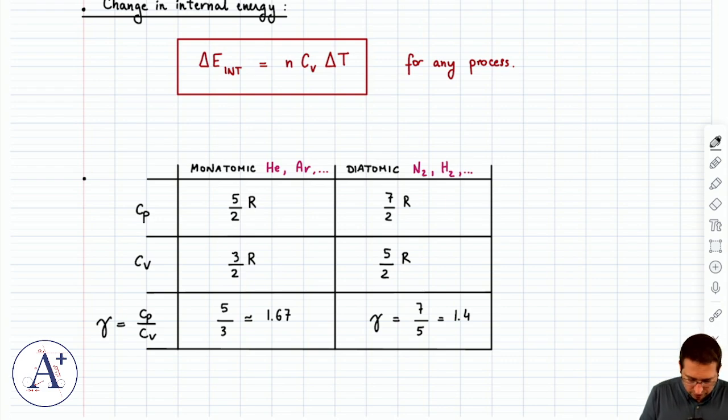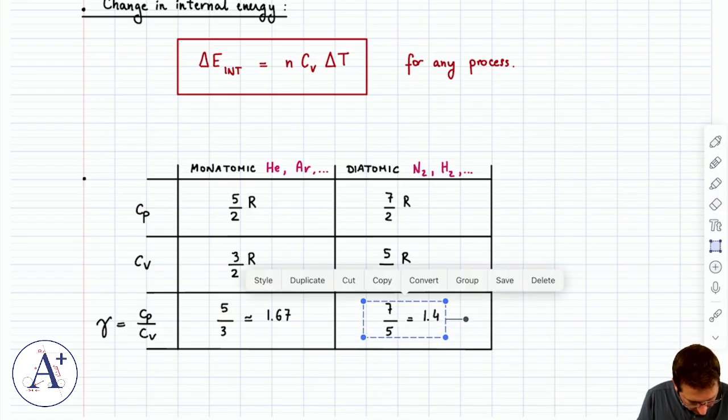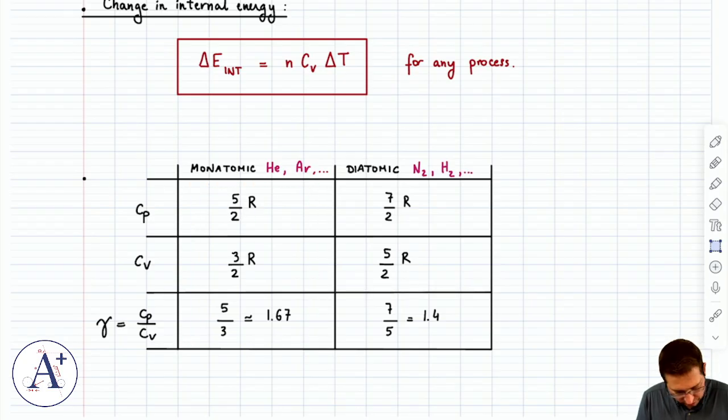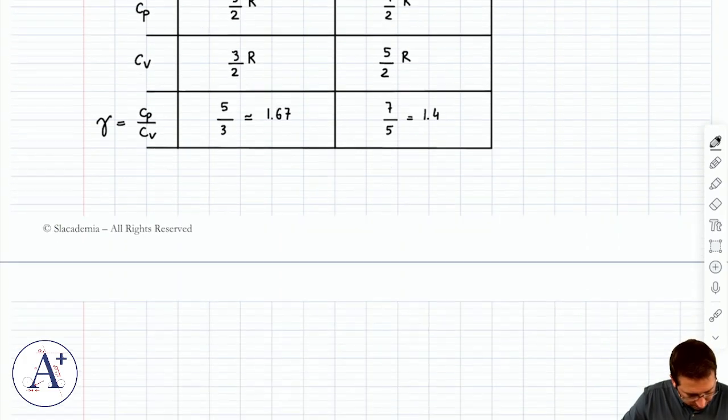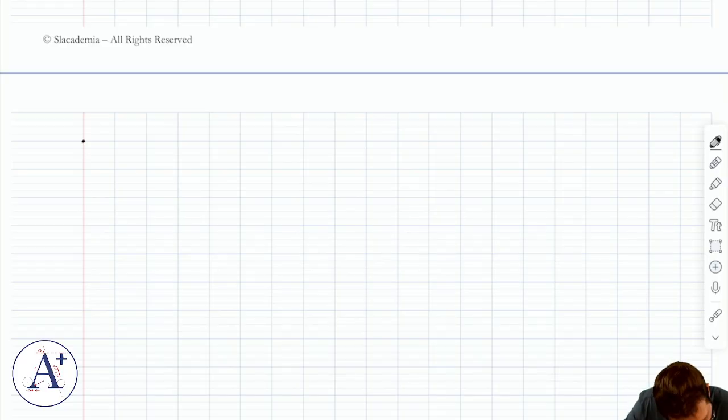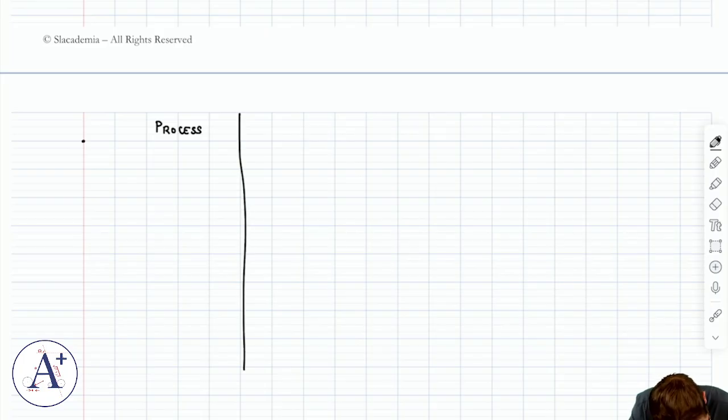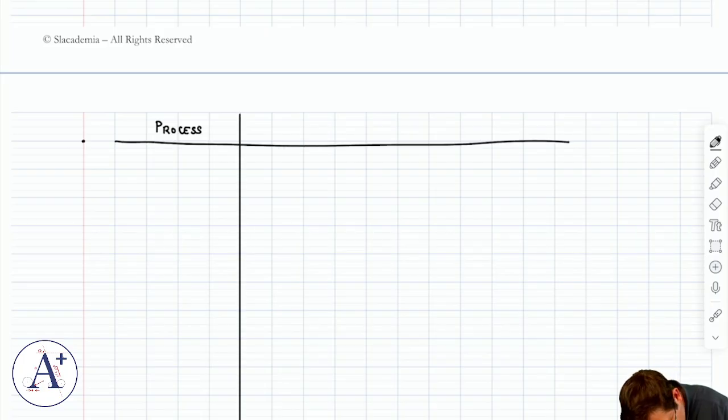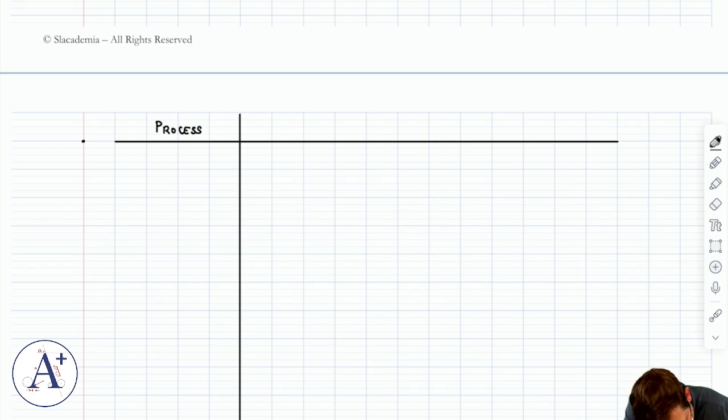Okay, so if the problem tells you that you have a monatomic gas, you get to argue that you know all this. If it tells you have a diatomic gas, you get to argue that you know all of this. Okay? So that's the first table. Next table is the following. It is a table where we're going to list the 4 fundamental processes that you need to know. And then we're going to list the formula to compute Q on, work by, and delta E internal. Okay.